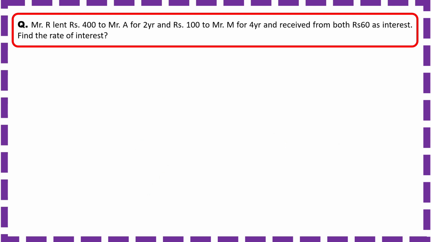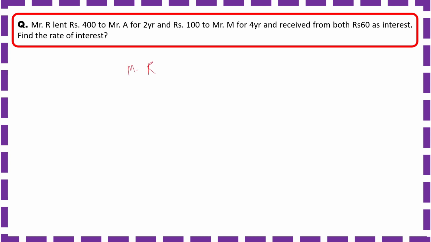Mr. R lent rupees 400 to Mr. A for 2 years and rupees 100 to Mr. M for 4 years and received from both rupees 60 as interest. So find the rate of interest. So what did Mr. R do?